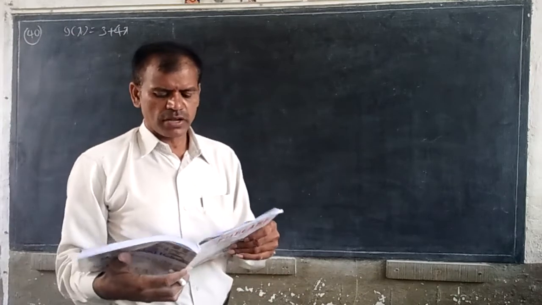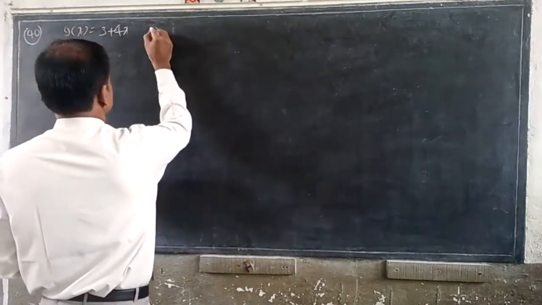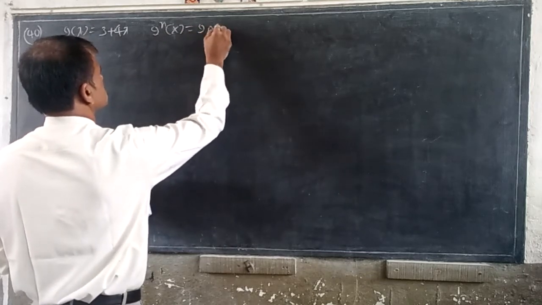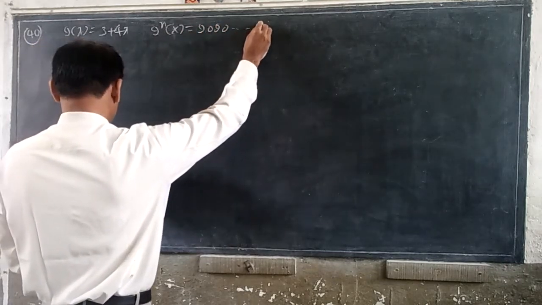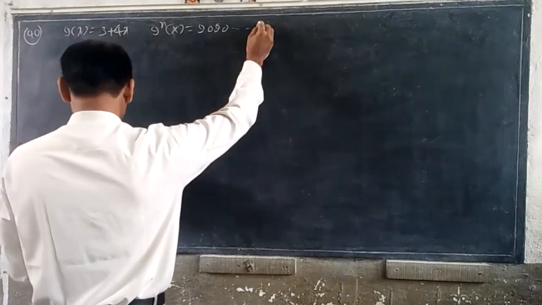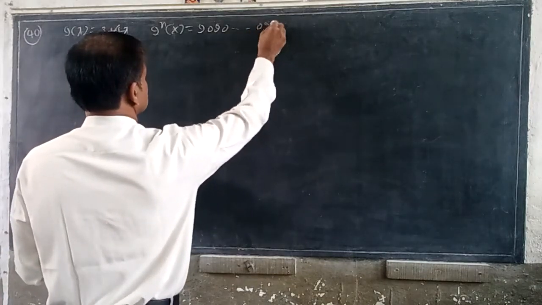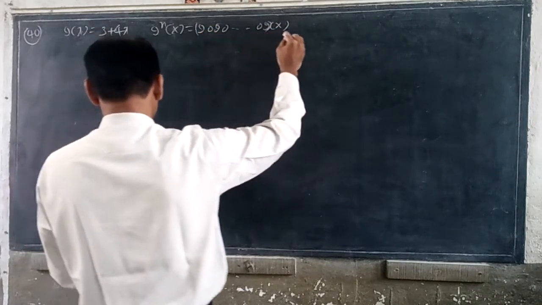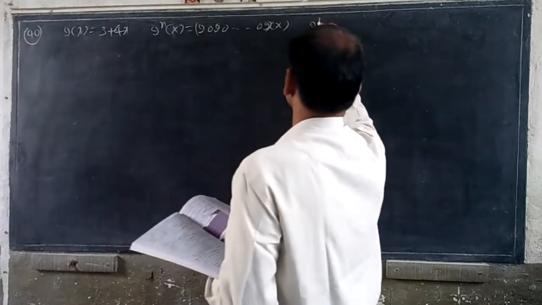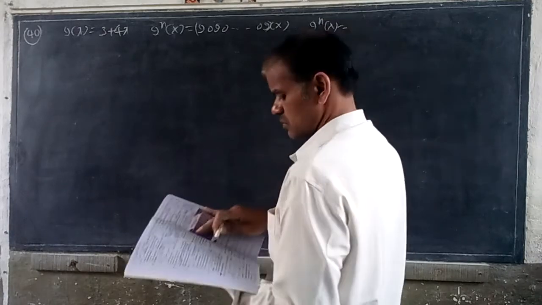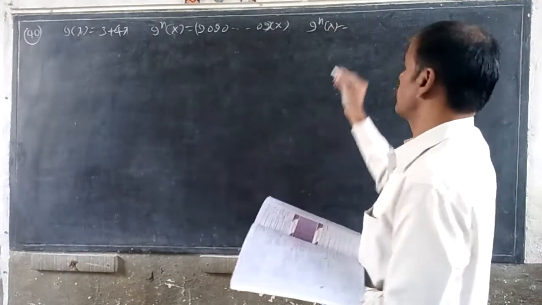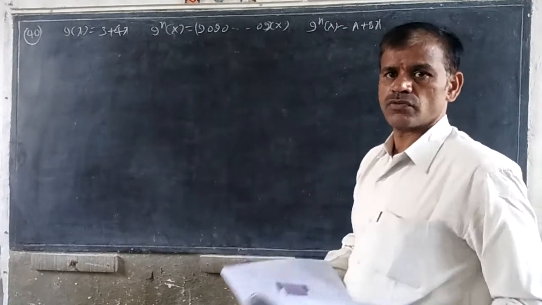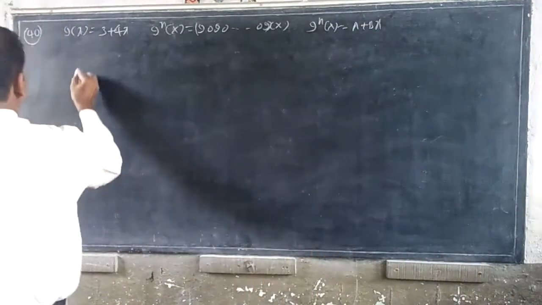If g power n of x is equal to g circle g circle and so on, and g power n of x is equal to a plus bx, then what is a? What is the value of a? What is the value of b?